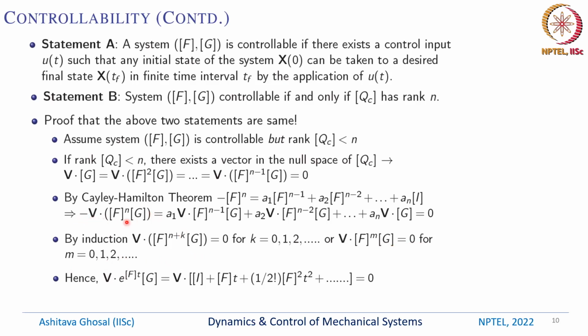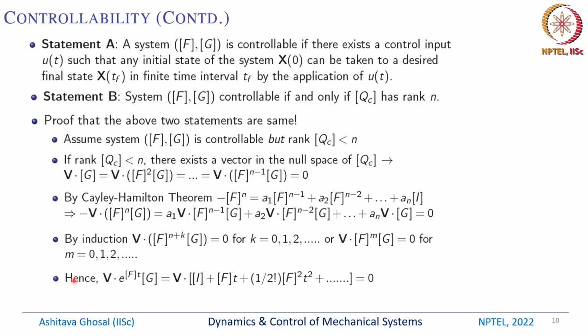Because we have V dot F to the power n into G is 0. So using induction we can show that V dot F to the power n plus k into G is equal to 0, and then we rewrite this n plus k as m, and we write V dot F to the power m into G equal to 0.